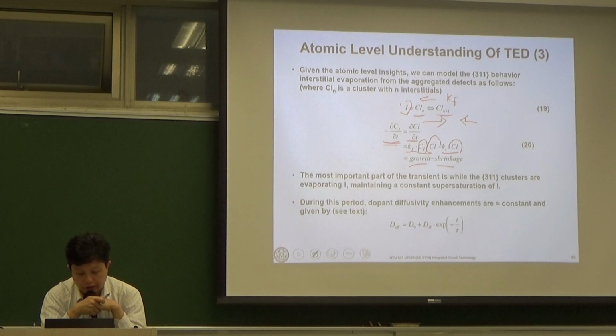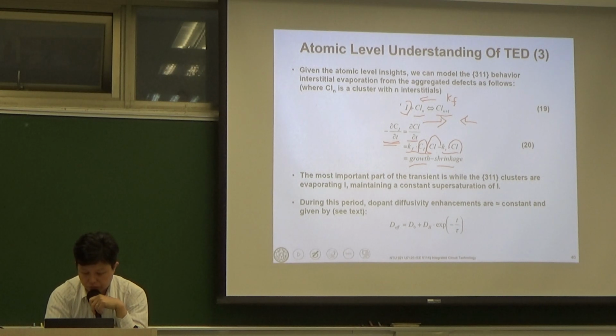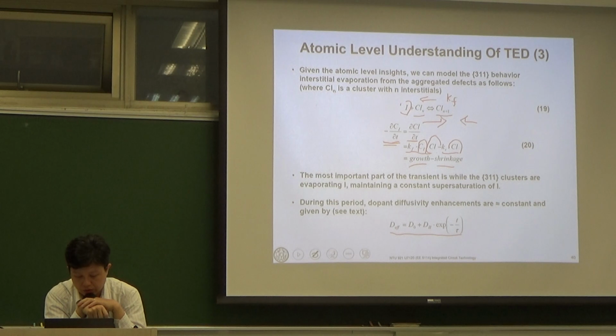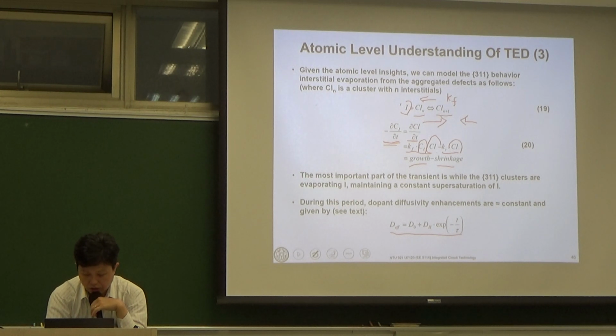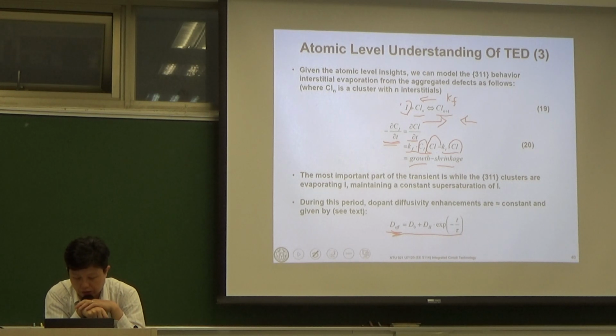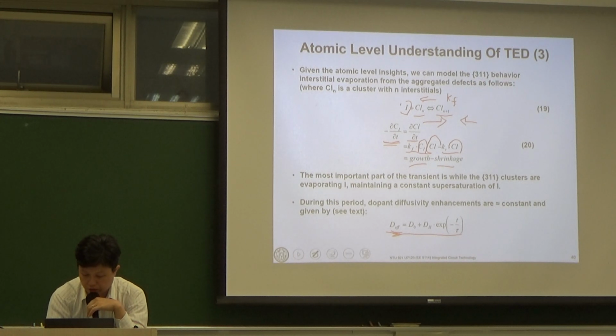Then we try to calculate this effective diffusion constant. But we neglect some derivation. If you're interested, you can check the textbook. So this is the diffusion constant that I think we saw before, right?